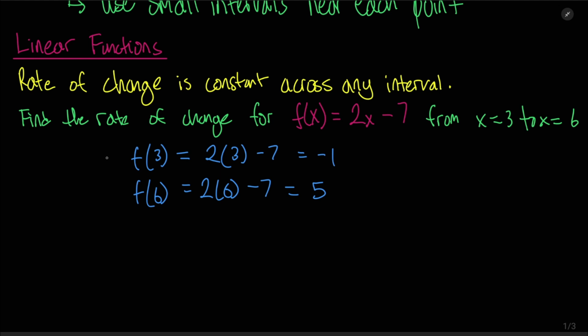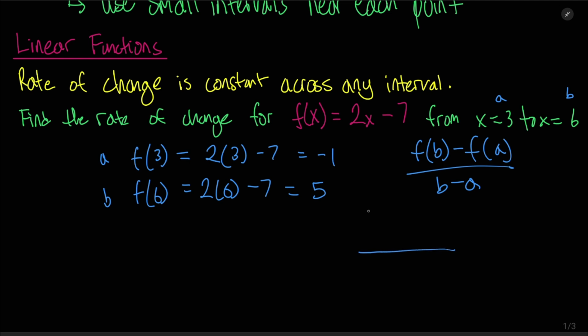So now, let's say that this is A and this is B. Our formula from earlier was f of B minus f of A, divided by B minus A. So if this is our B value and this is our A value, let's plug that in. We have f of B, which we got was 5, minus -1, which is f of A, divided by B minus A, so 6 minus 3.